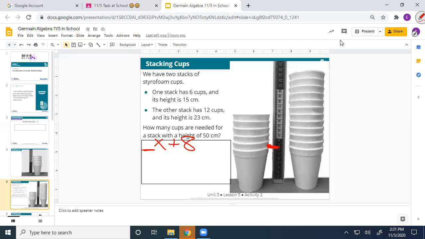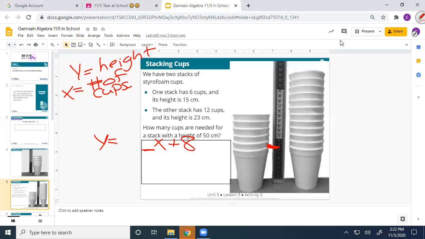So let's see if we can write an equation for this. So I have y, which is y equals our height. X is equal to the number of cups. Okay? So my height is equal to the number of cups times how much does each cup add? Look at your image here.